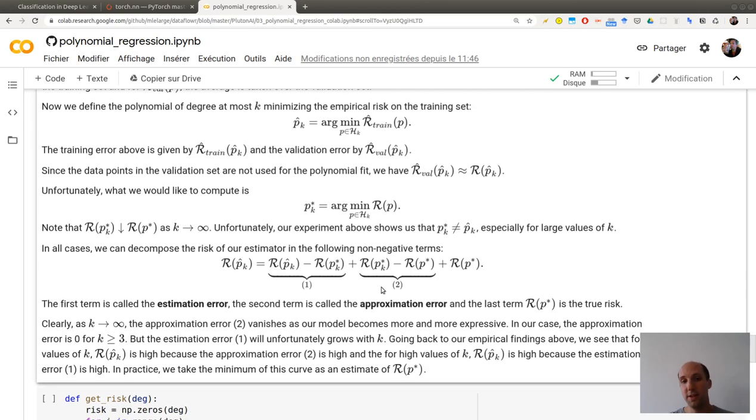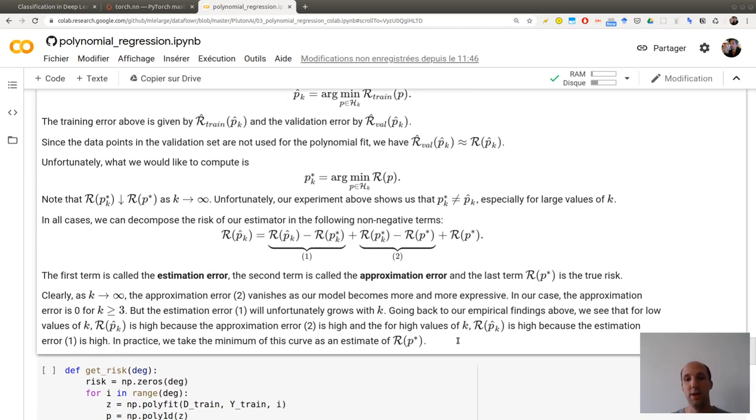But unfortunately, because we do not have access to this p*_k, but only to this p̂_k, it turns out that this estimation error will start increasing when k is too large. So in the end, this term is decreasing when k is large, and you end up with a U-shaped curve, and this is of course the best thing you can ever do.